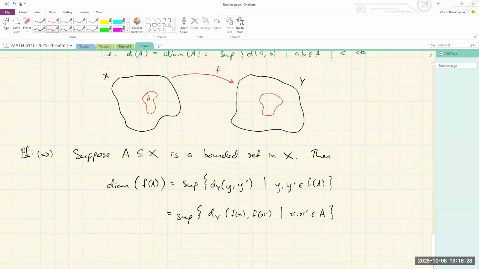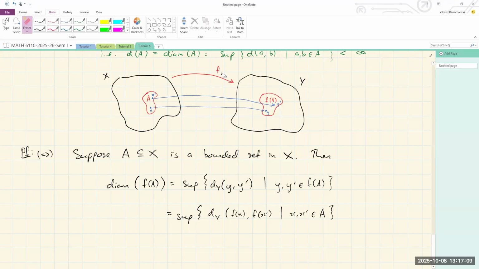And this is the image, f of A. Okay, so what I was basically writing there was I took any two points. Here is y and here's y prime, right? Now, since f is a bijective function, what I was saying there was that this y came from this x, and this y prime came from this x prime.